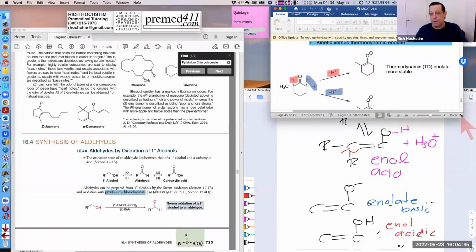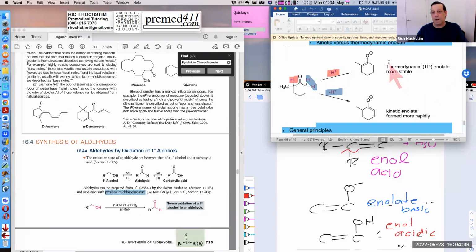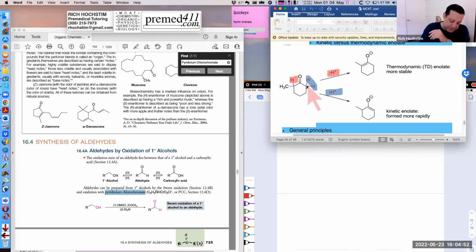So this over here is what we were talking about pretty much with alpha hydrogens. But what we didn't talk about was the fact that you could have two versions of alpha hydrogens on each side of the carbonyl. Now, this hydrogen is hard to remove because of steric hindrance, and these hydrogens are easier to remove because of less steric hindrance.